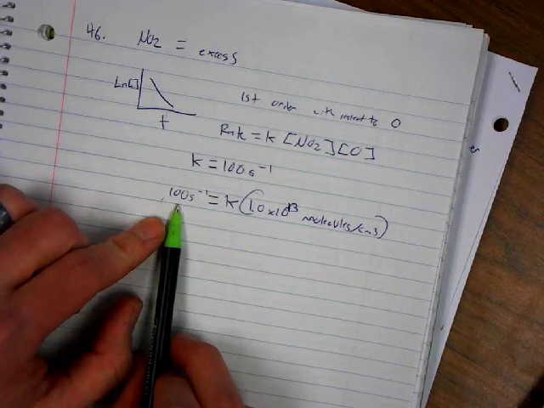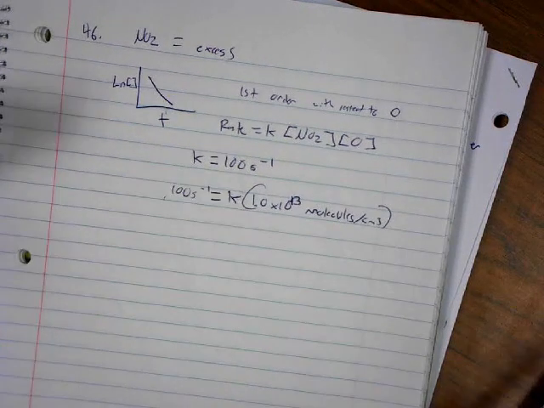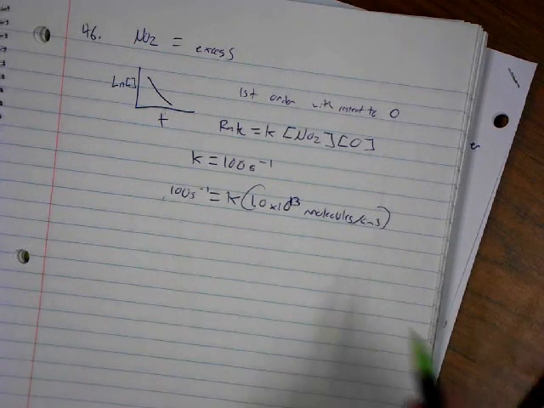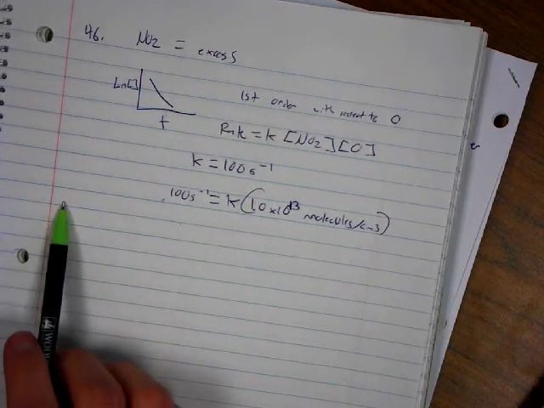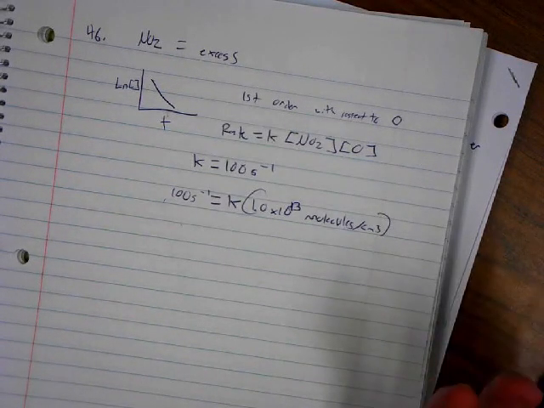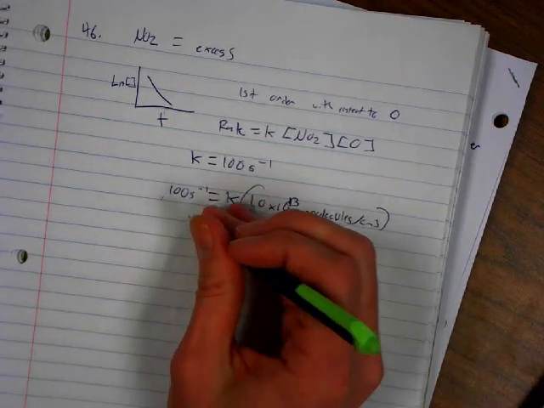Why did we set 100 to the rate? Because this 100 was only for the oxygen, now I have to compare that to the whole thing. Because this one's in excess, the 100 basically becomes the rate. The other one doesn't have a rate. So that's why I have to use 100.